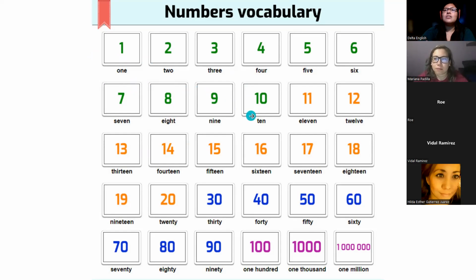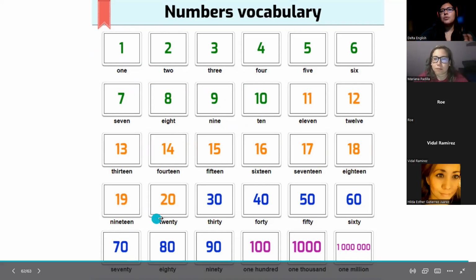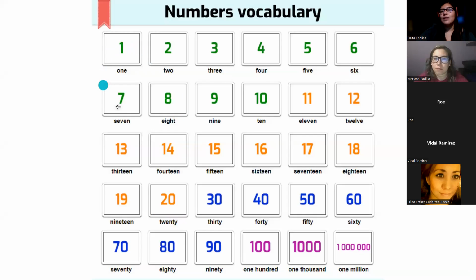A continuación, chicos, vienen unos números que son un poquito únicos. En el sentido de que a partir de 20 yo puedo empezar a combinar mi número principal con cualquiera de estos 9 y me va a quedar un número mucho más complejo. Pero del 11 al 20 son números únicos, igualito que en español.